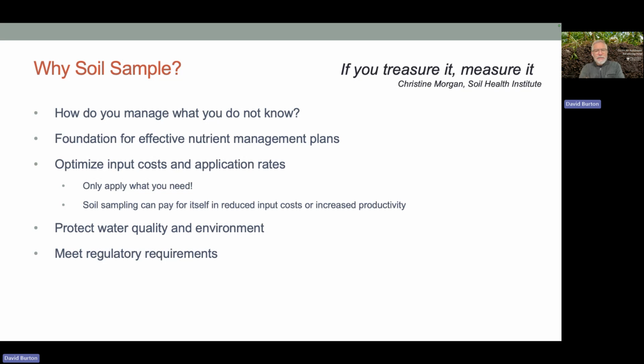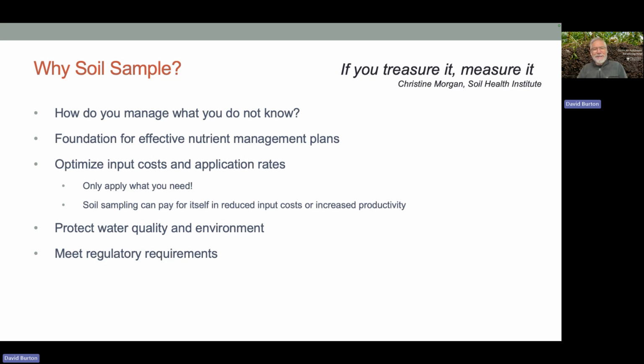And so soil sampling is a foundation for effective nutrient management. It allows us to optimize our nutrient use, therefore reduce our costs. So we're only using the nutrients we have to, but we're also avoiding any yield loss because of poor nutrient balance. So it's that balancing act.